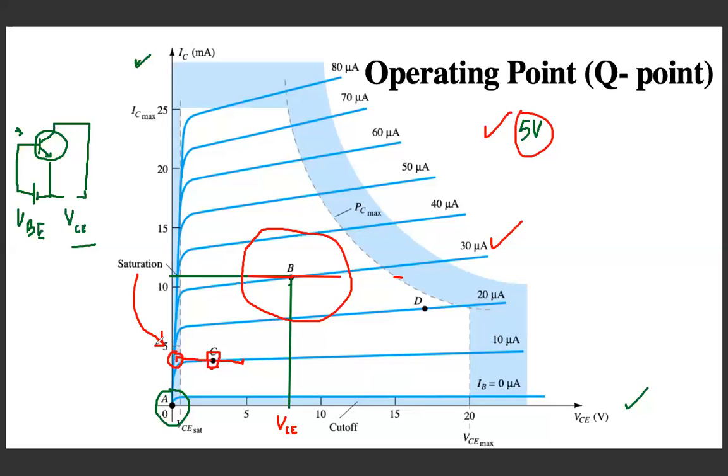So the transistor will amplify positive half cycle with different amplification factor and negative half cycle with different amplification factor.